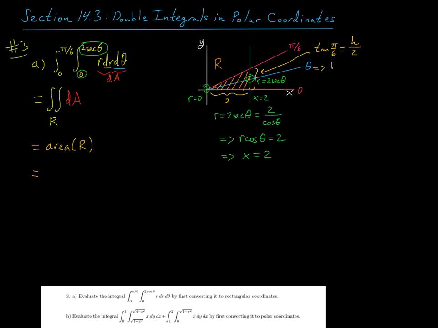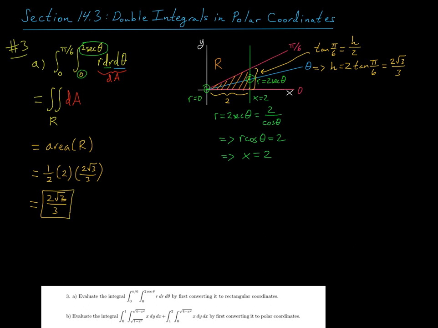And so the height then would be 2 times the tangent of pi over 6. Tan of pi over 6 is root 3 over 3, so this would be 2 root 3 over 3. All right, so now putting all that together, the area of our region would be 1/2 the base, which is 2, times the height, which is 2 root 3 over 3. So that all simplifies to 2 root 3 over 3.